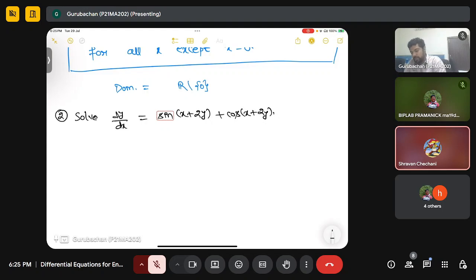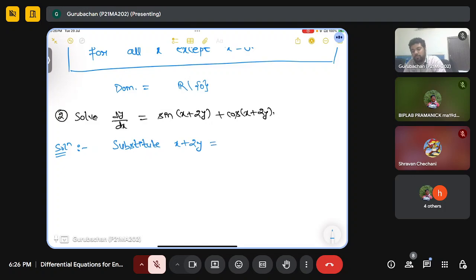Okay, so let's just try it here. What we will do, we will substitute x plus 2y is equal to some v, and we will differentiate with respect to x.